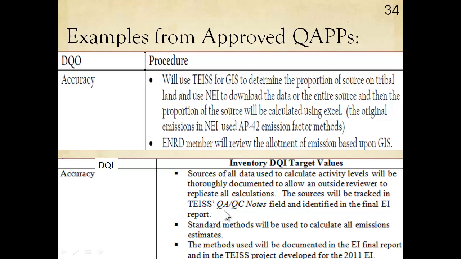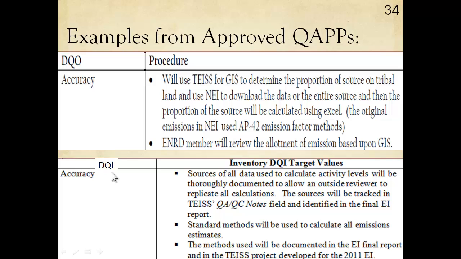We're going to use TEISS's QA/QC notes field, and we're going to make sure that we identify all the sources of information in the final emissions inventory report. We're going to use standard methods, meaning AP42, which are in TEISS, and the methods used will be documented.